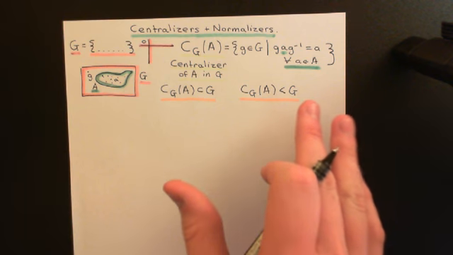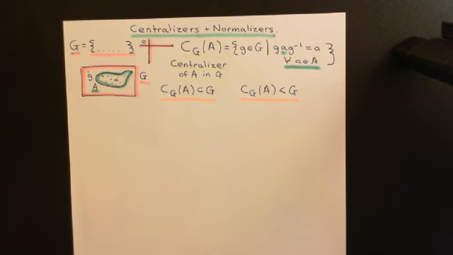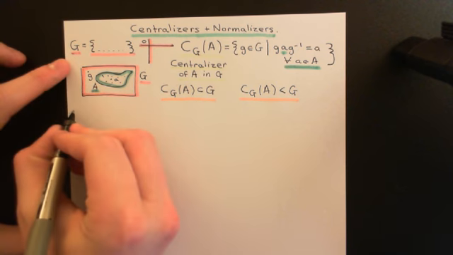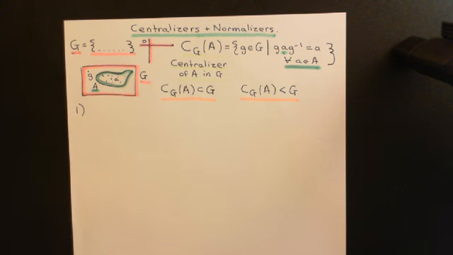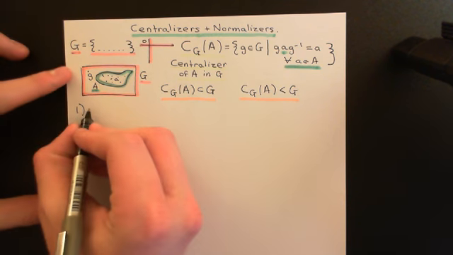So as long as this is a group, then the inherited composition law on this subset of the group must obey associativity, so we don't need to worry about the second axiom of group theory. But we do need to check 1, 3 and 4. Okay, so let's do that now. Firstly, axiom number 1 of group theory, we need to check that the centralizer of A in G obeys closure. Okay, and what does that mean?